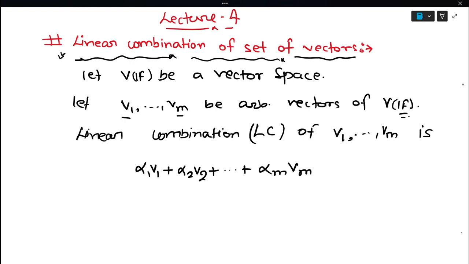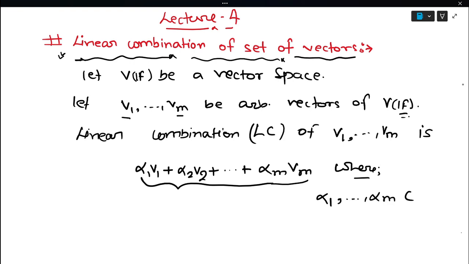It is the linear combination of v1 to vm, where alpha 1 to alpha m are from field F. So whenever we are given some vectors, we form a linear combination alpha 1 v1 plus alpha 2 v2 plus alpha m vm, where the alpha i's are from the field and v1, v2, vm are vectors from the vector space V. This is a linear combination of vectors.